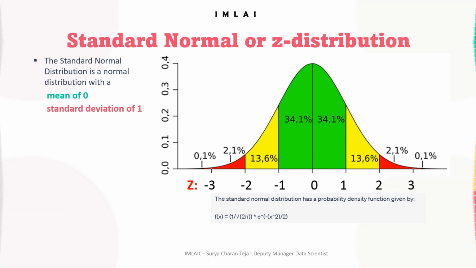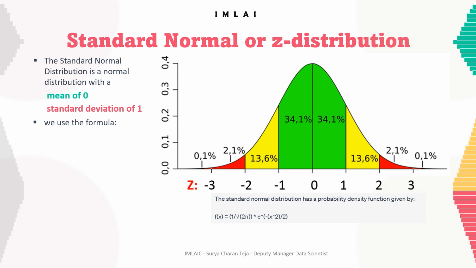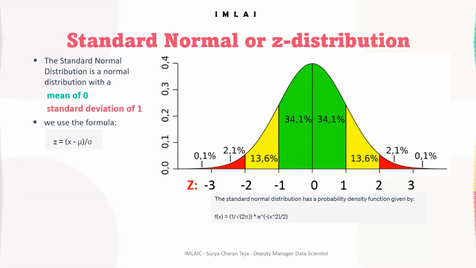Next, the standard normal distribution is important in statistics because it can be used to convert any normal distribution into a standard normal distribution or Z distribution, which simplifies many statistical calculations. To do this, we use this formula, which you may know because we have used it before in standardization and data transformation in descriptive statistics.